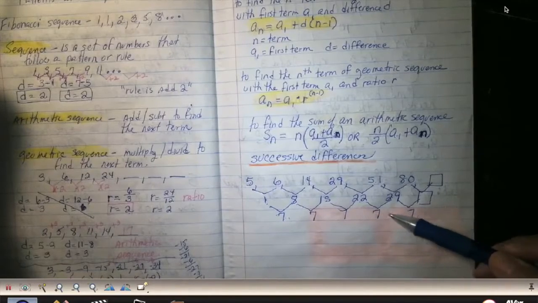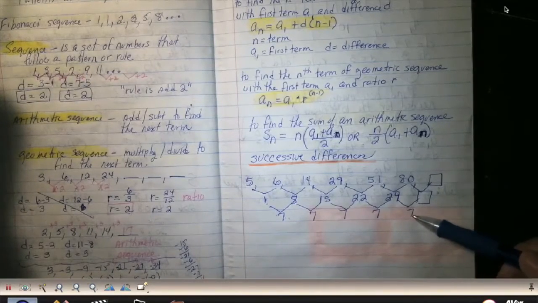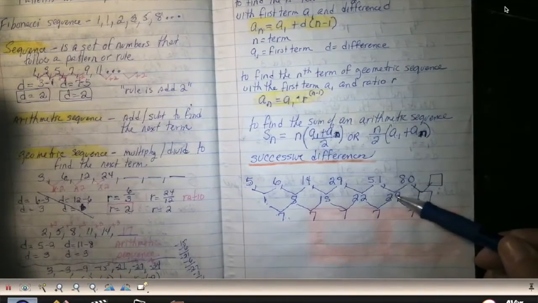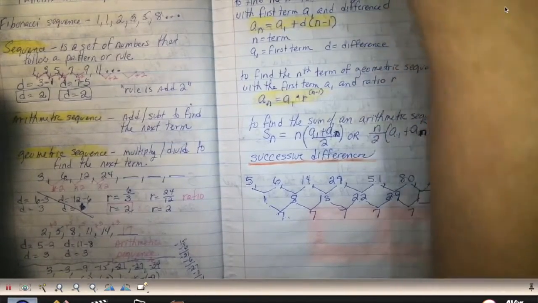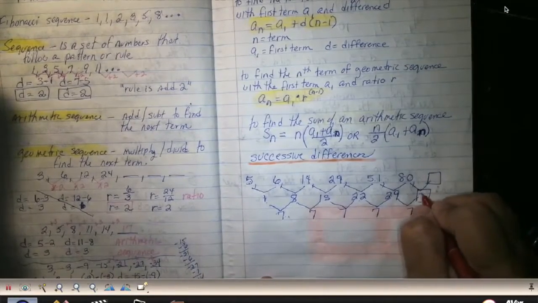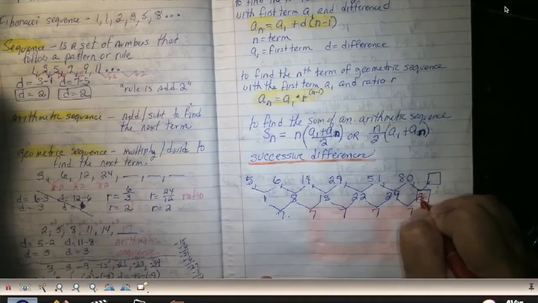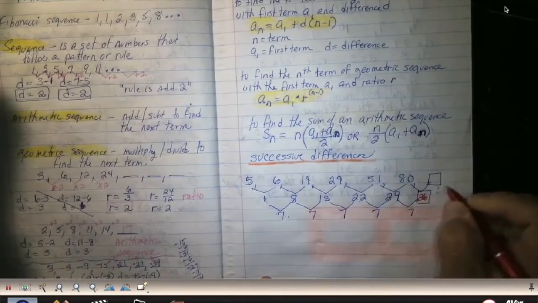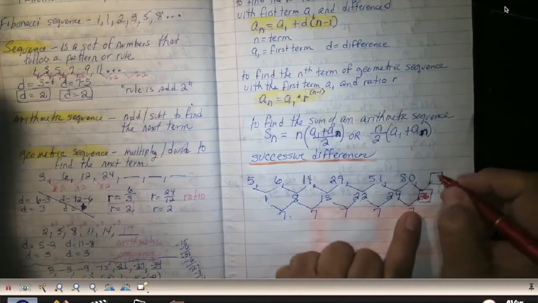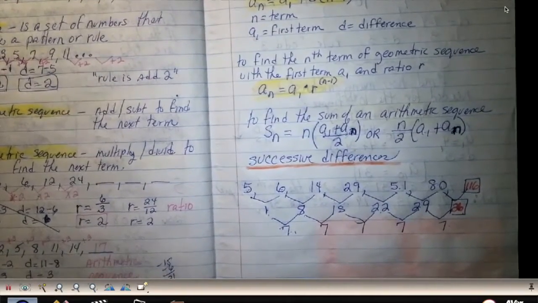We know we're adding 7 to the bottom, but you need to start on the bottom and build your way up. So 29 plus 7 is 36. And now I add 80 plus 36. Okay, let's do that one more time.